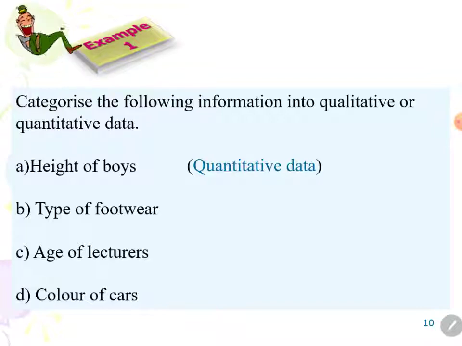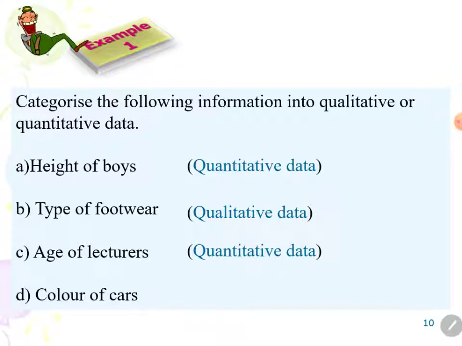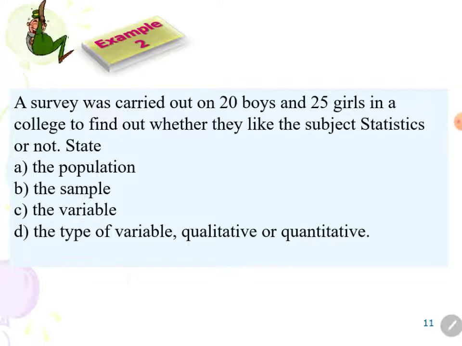We have slippers, shoes, boots and everything, so it will be qualitative. Age of lecturers is just a number, so it will be quantitative. And color of the cars will be qualitative data.